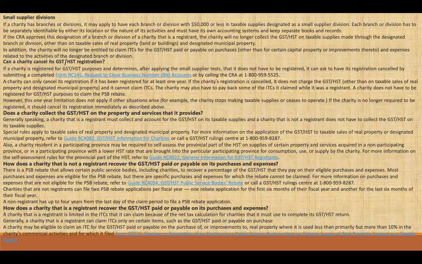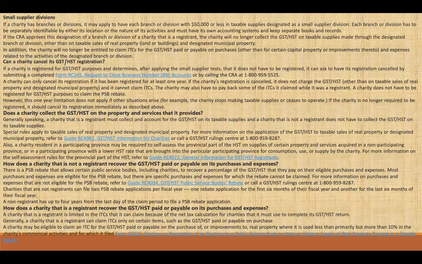There is the PSB, the public service body rebate, that allows certain public service bodies, including charities, to recover a percentage of the GST that they pay on their eligible purchases and expenses. Most expenses and purchases are eligible for the PSB rebate.